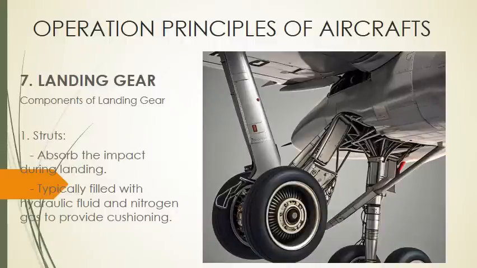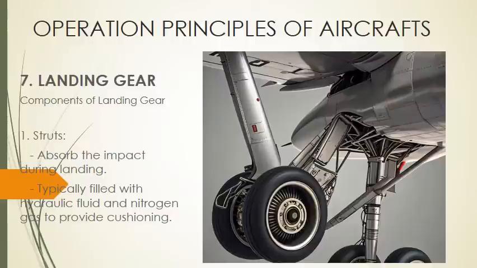Now, what are the components of the landing gear? What can we find on the landing gear? Number one is the struts. The struts absorb the impact during landing. They are typically filled with hydraulic fluid and nitrogen gas to provide cushioning.